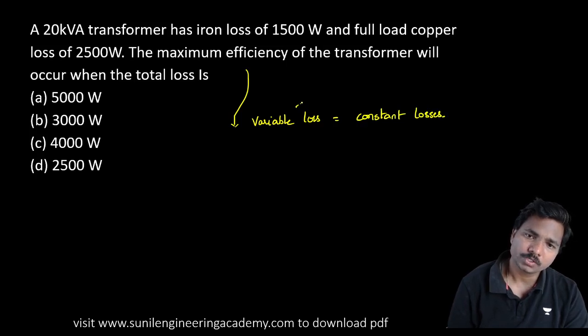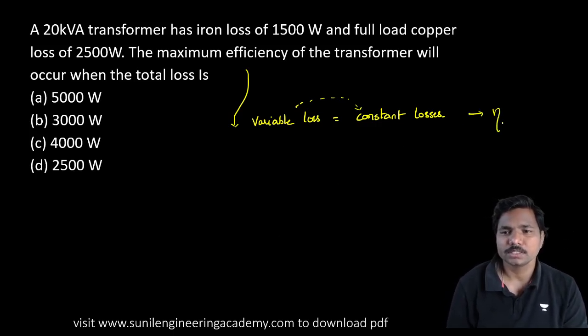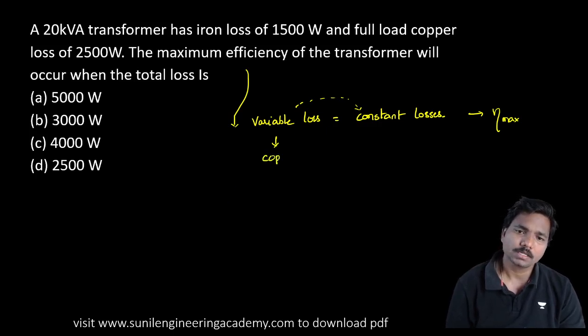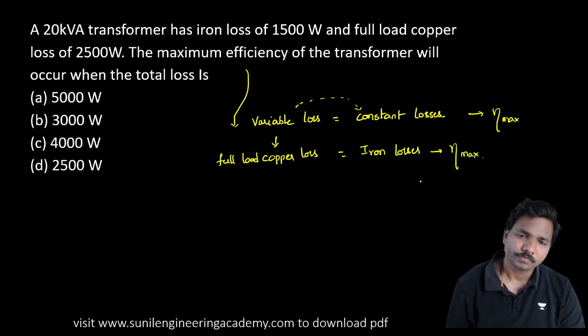So that means we have to match these variable losses with the constant losses. Then we will get maximum efficiency. Variable losses are nothing but the copper losses. So whenever the full load copper loss is equal to iron losses, then we are getting maximum efficiency.